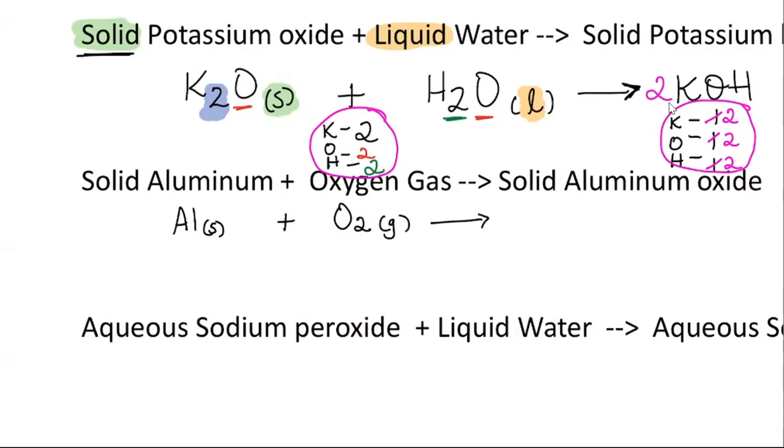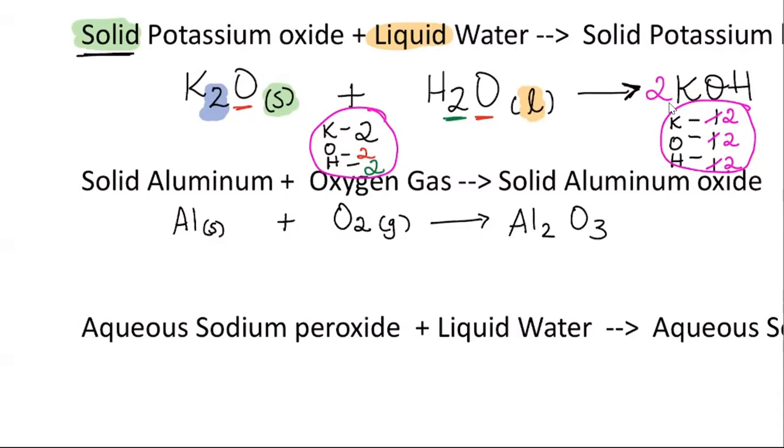The product of this is aluminum oxide. What is the chemical formula for aluminum oxide? Excellent.